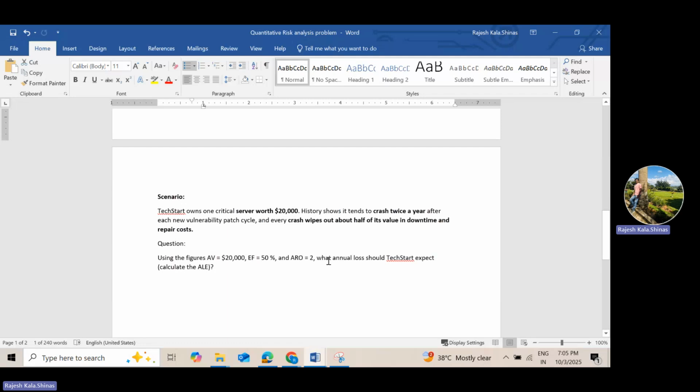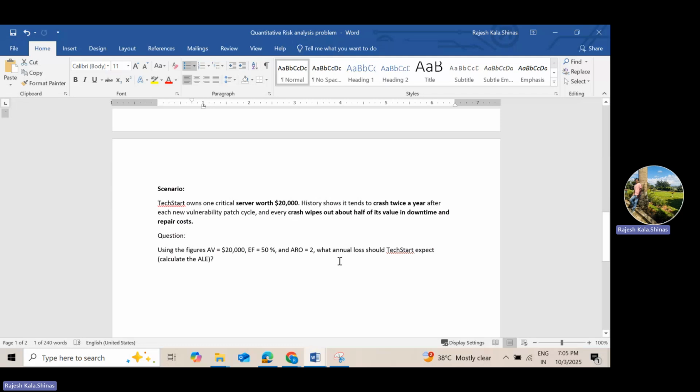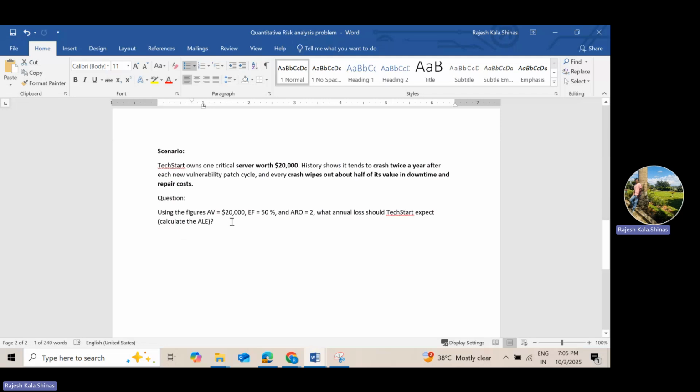Now, what is the annual loss? For that, we should first calculate single loss expectancy, and only then the annual loss. So first, SLE, single loss expectancy, equals AV into EF.